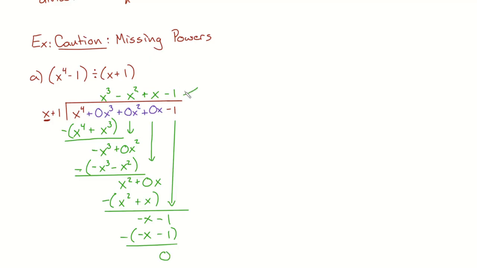This whole top part right here is q of x. Good. Now, there's a big significance out of this that hasn't really been the focus of our question. But if I wanted now to write x to the 4th minus 1 as some of its factors, you guys might know how to factor this just right off the bat. But what do we have it as factored as right now? What's one of the two factors? X plus 1 was one of them. And what's the other factor?